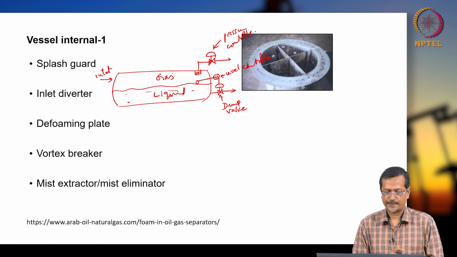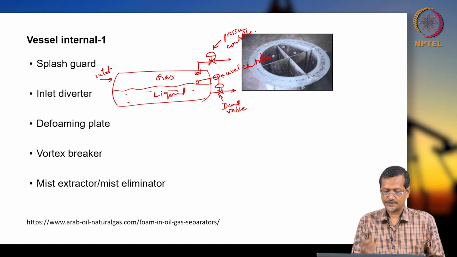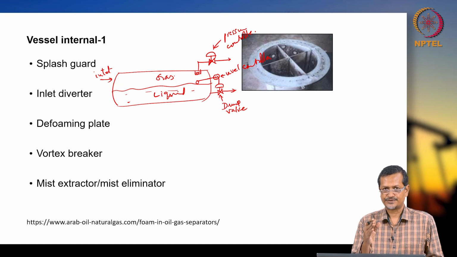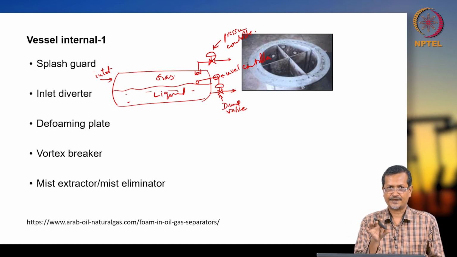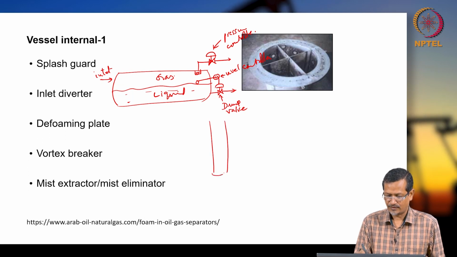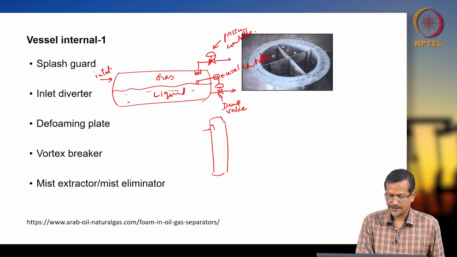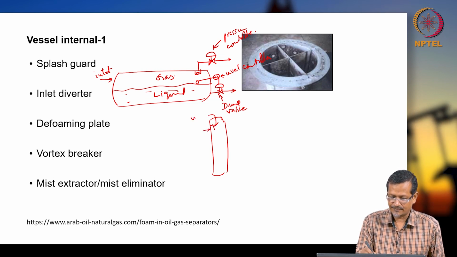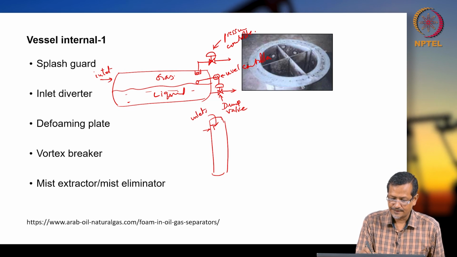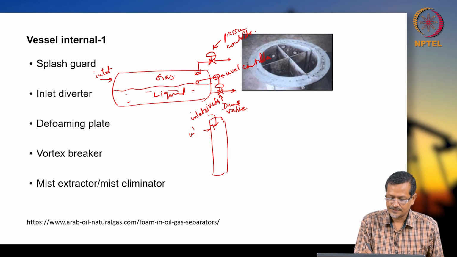Splash guard. What is a splash guard? Splash guard actually reduces turbulence and creates a laminar zone. For example, let us say we have one vertical separator. You have the inlet diverter, we will discuss this inlet diverter again further, and this is the inlet flow.